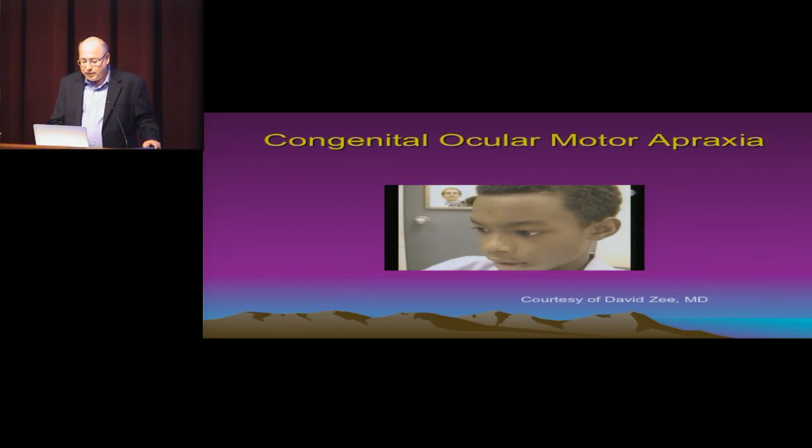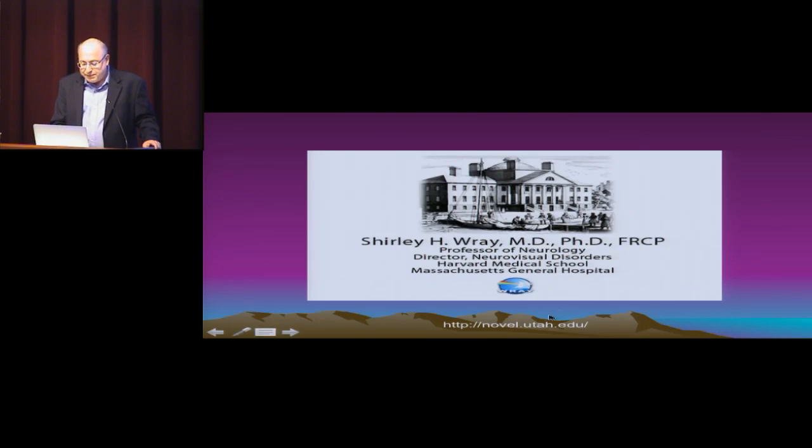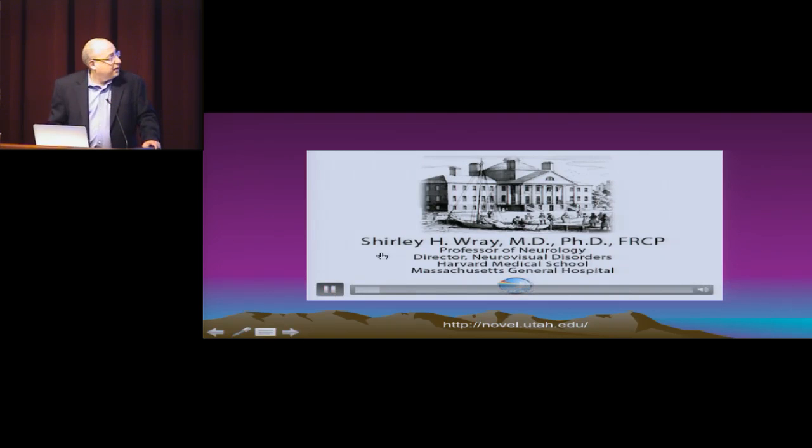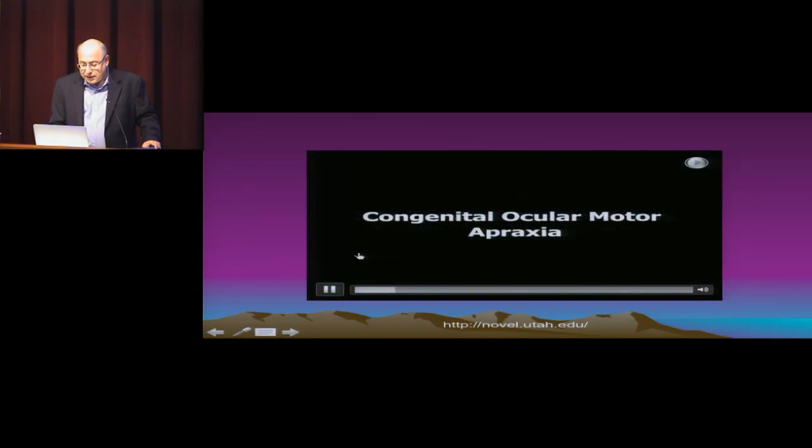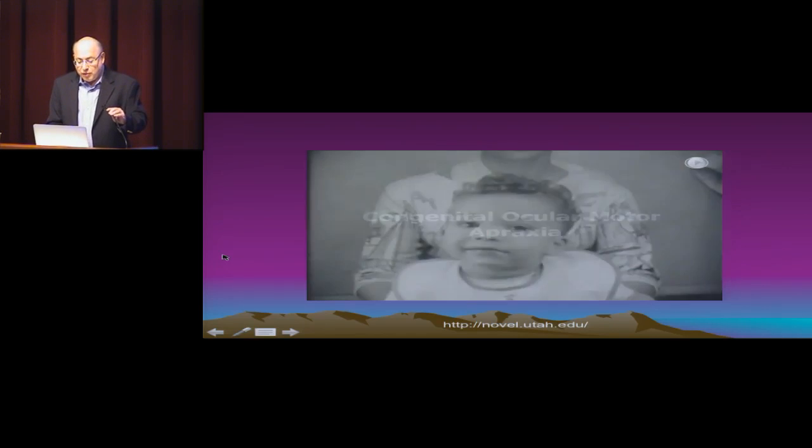Here's the congenital oculomotor apraxia. This is from the Novel website, which you should all use, which has great videos on neuro-ophthalmology, and it's free. You can download it for teaching and learning purposes. This is from Shirley Ray's collection, a 16-month-old with congenital oculomotor apraxia.